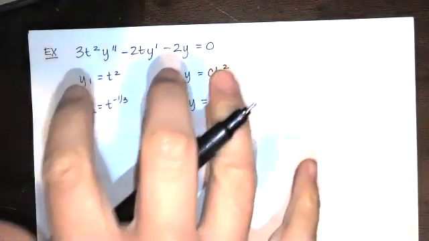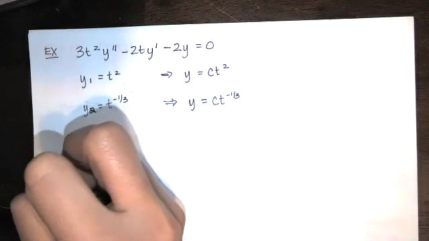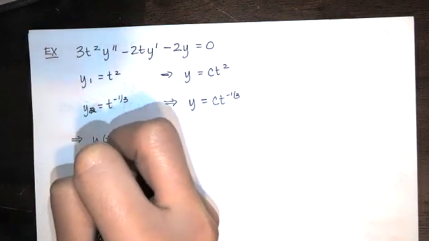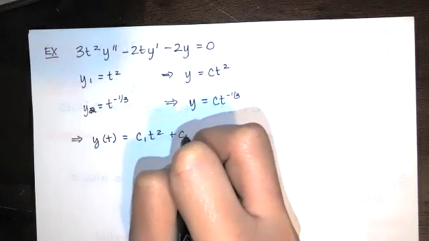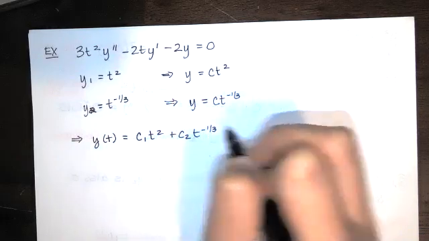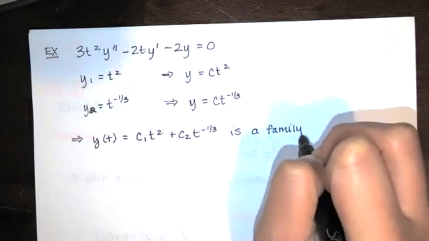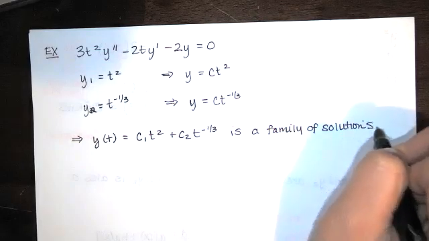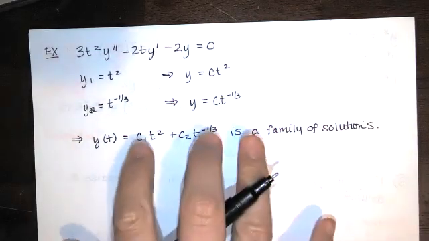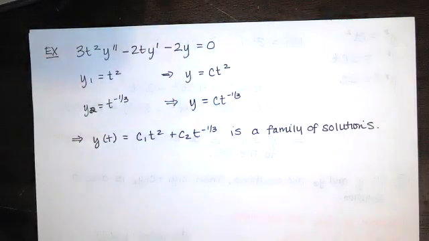So if I want a solution that takes both of these solutions into account, it turns out that you can use this solution. Y of t equals c1 times t squared plus c2 times t to the negative 1/3 is a family of solutions of this differential equation. If you take the first and second derivative of this and you plug it in and you simplify, you're going to get 0.